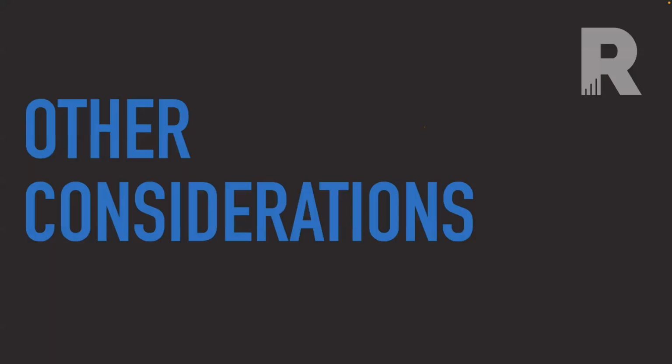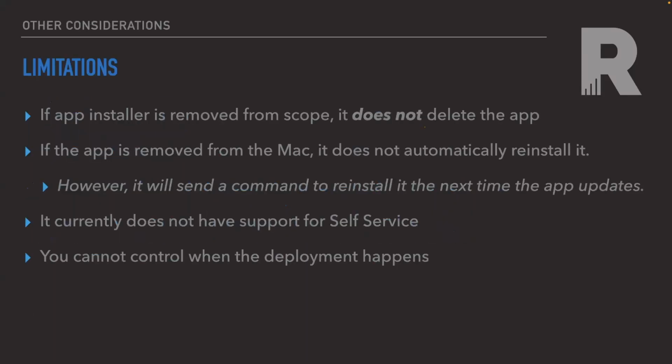Some other considerations regarding the Jamf app catalog is the limitations, right? So, for example, if a computer is removed from the scope of an application payload you configured within the Jamf app catalog, it does not delete the app locally on the machine.